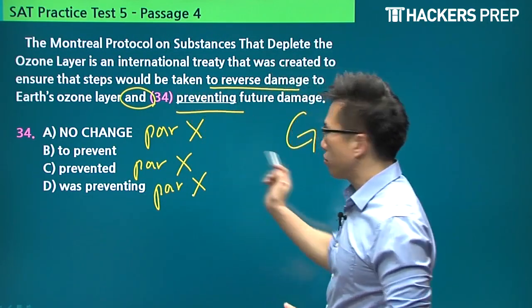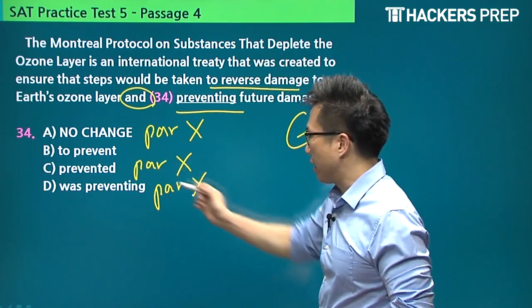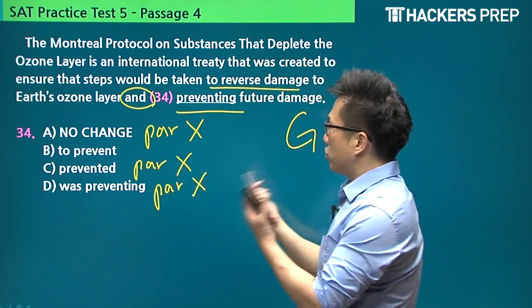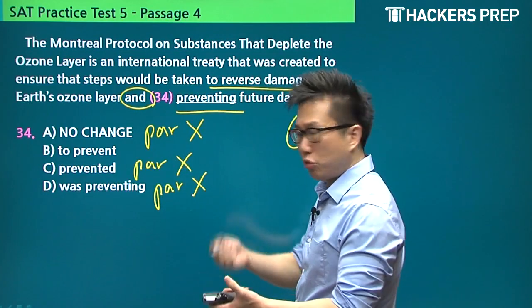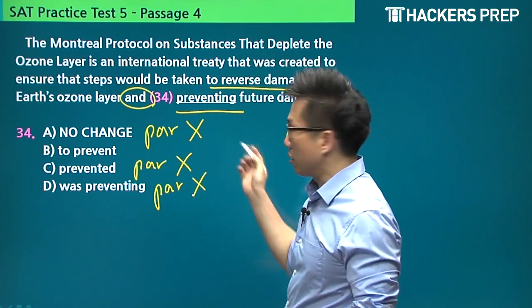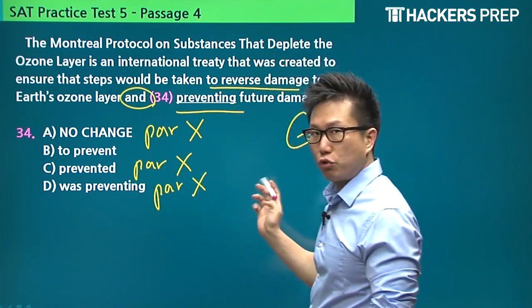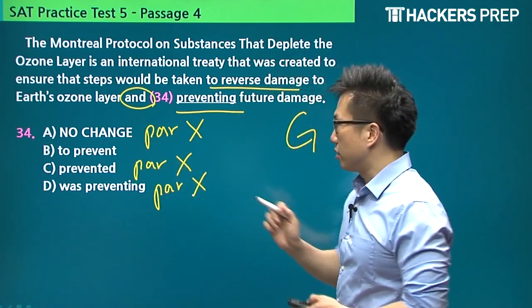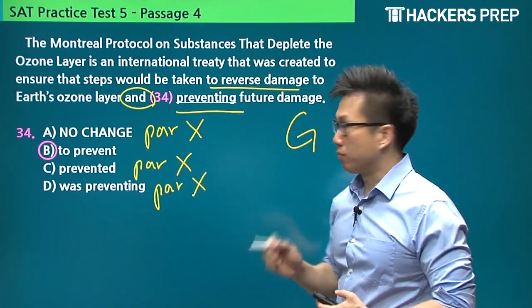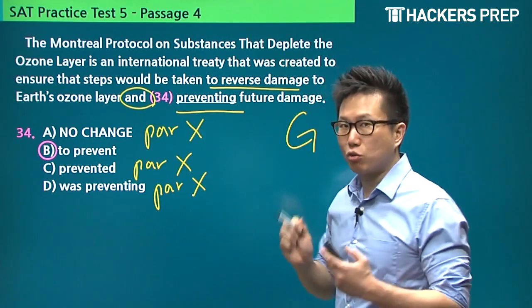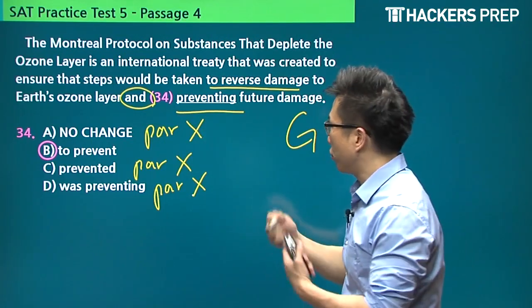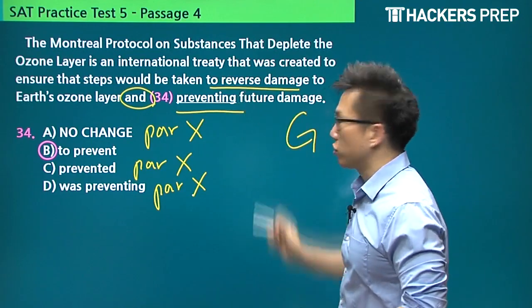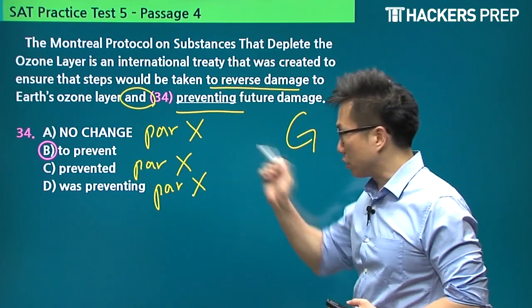So logic-wise, it wouldn't make sense to use prevented or was preventing. You want to take steps to reverse damage and prevent future damage. So the proper choice is B here. To prevent works well. Parallel-wise it works, and logic-wise it works well as well. You want to reverse the damage and prevent future damage. So that's what you want, B.